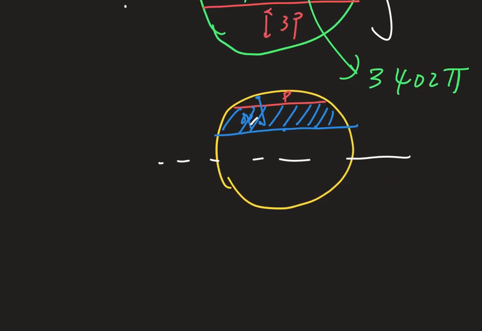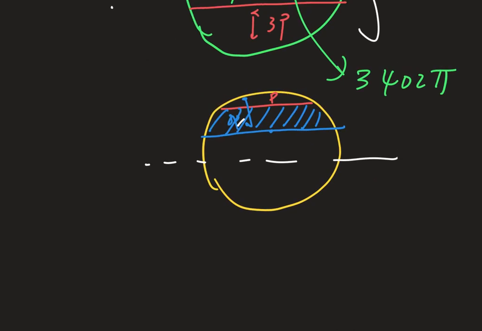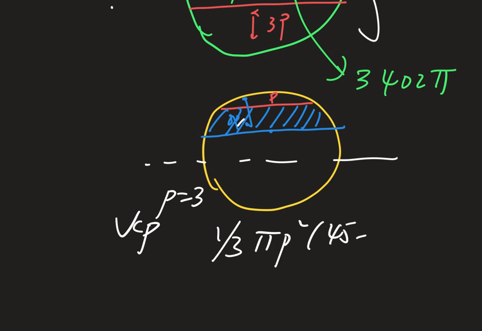So just now we got the volume of the cap for P equals 3, right? Okay, the volume of the cap is 1 over 3 pi, cap 1, P squared over 45 minus P. So just now, this is half of the sphere.